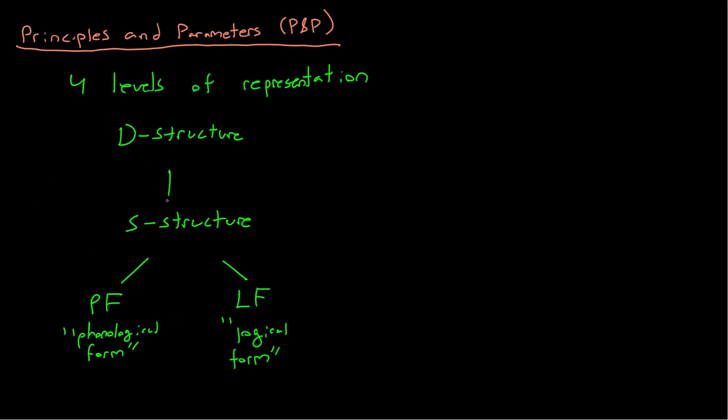So let's look at a derivation in order to see how these levels enter into our theory. So consider the passive example: the puppy was kissed.